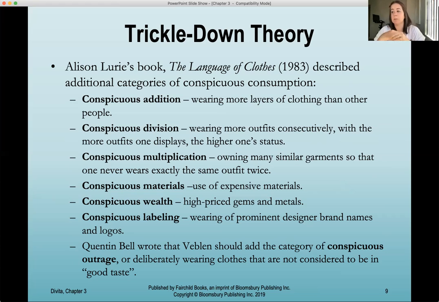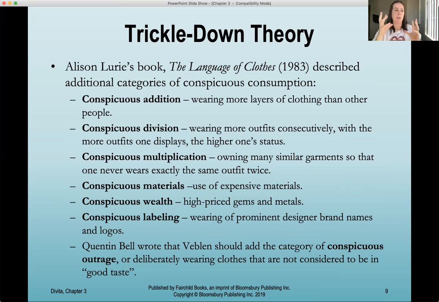Conspicuous materials, only purchasing expensive textiles, right? So never partaking in polyester or things of lower grade. Conspicuous wealth, high price gems and metals, so purchasing jewels, right? Gold, platinum.